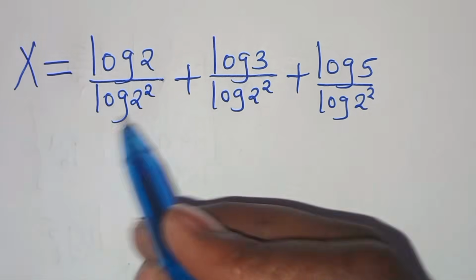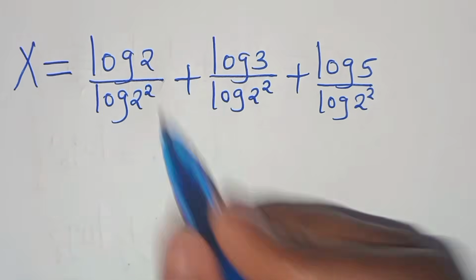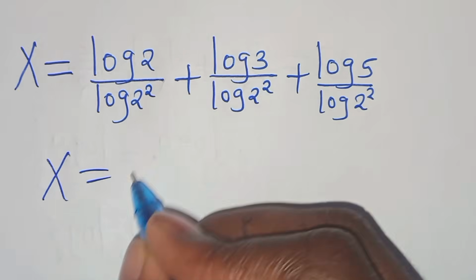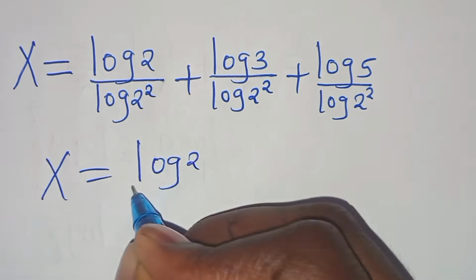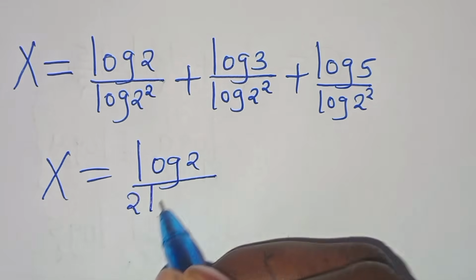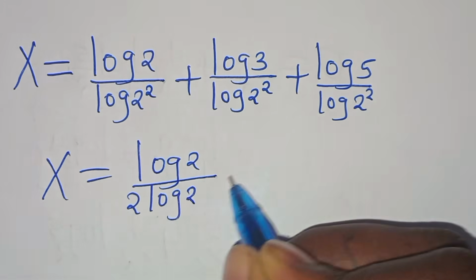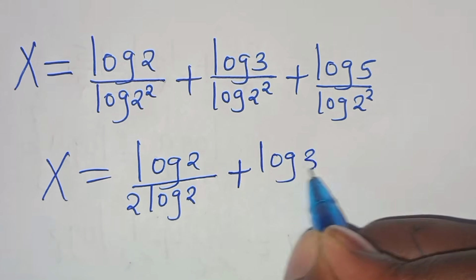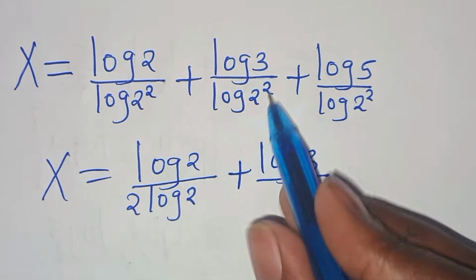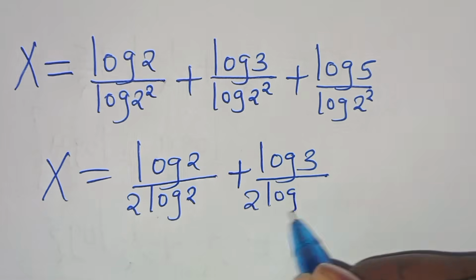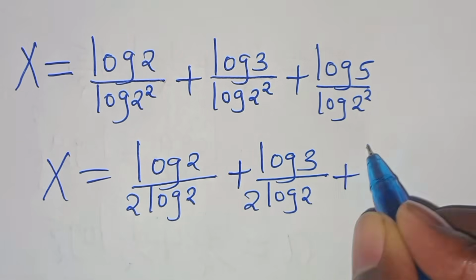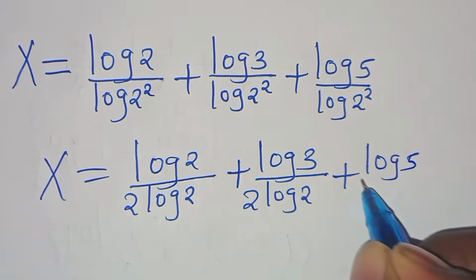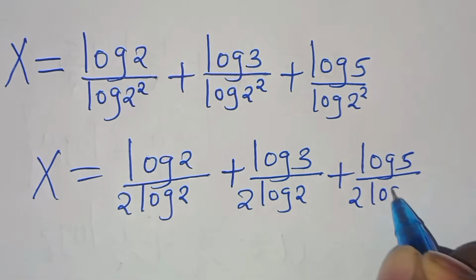So we can express this as log 2 divided by 2 log 2, plus log 3 divided by 2 log 2, plus log 5 divided by 2 log 2.